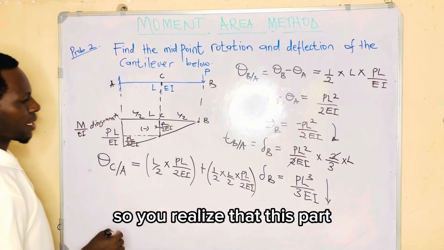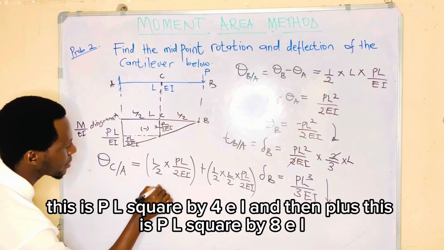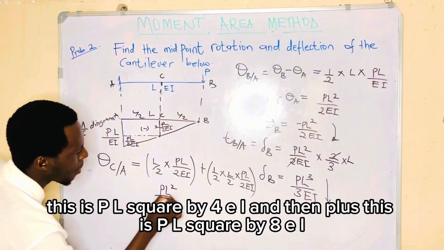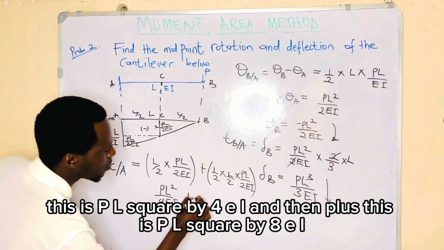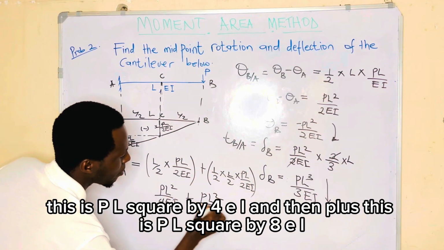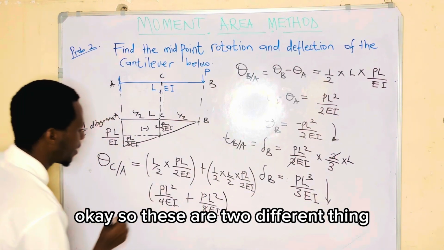So you realize that if you simplify this, this is PL squared by 4EI, and then plus PL squared by 8EI. So these are two different things.